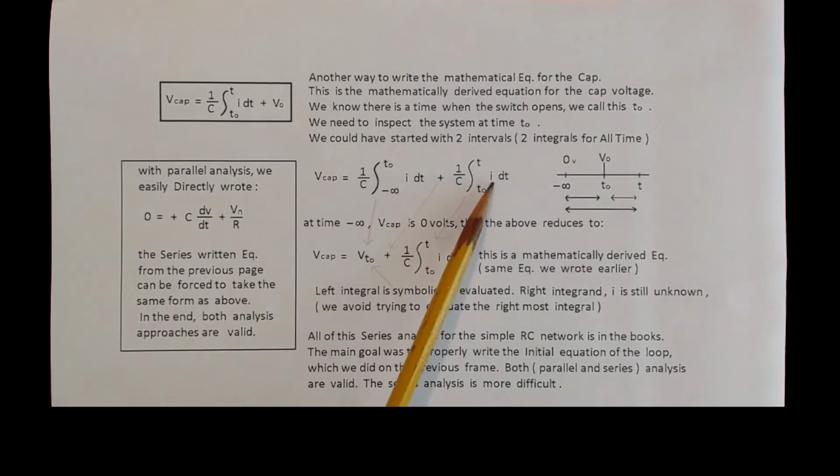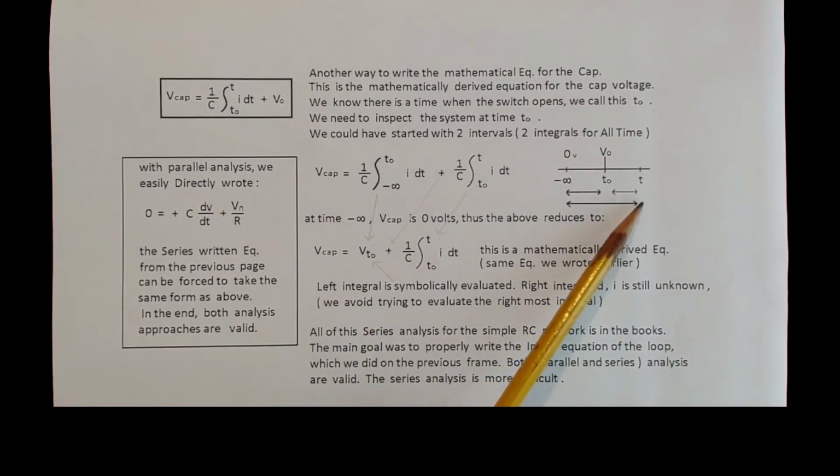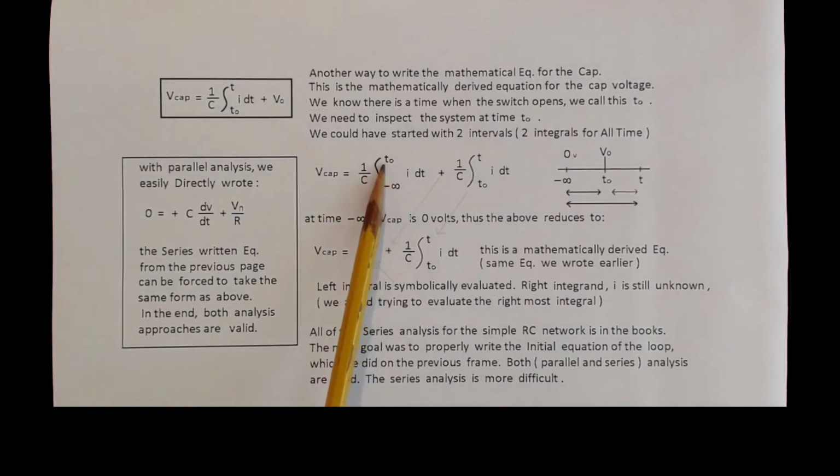Both of these integrals account for the entire time from positive t to negative time infinity. We can evaluate this first integral at negative infinity. This is 0, so all we're going to be left with is V(t0) minus 0, which is 0, so we got V(t0).